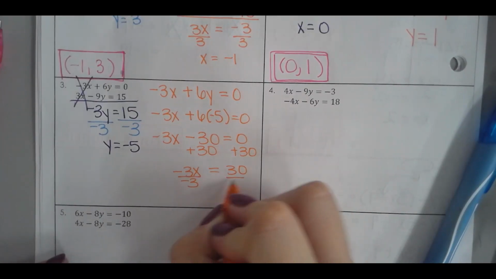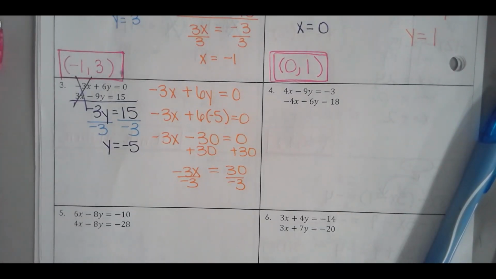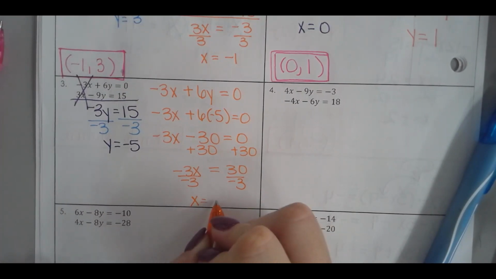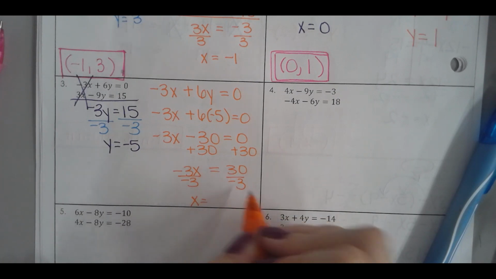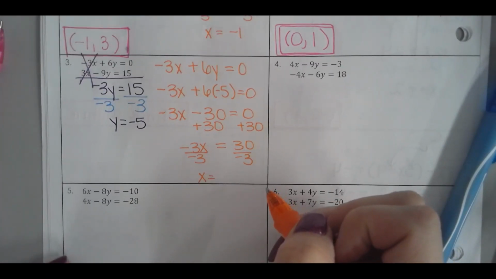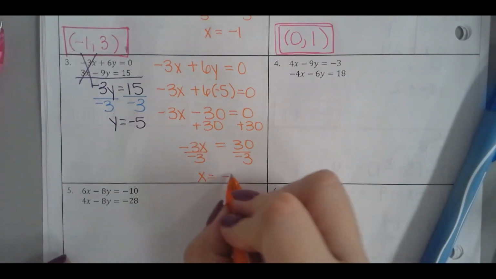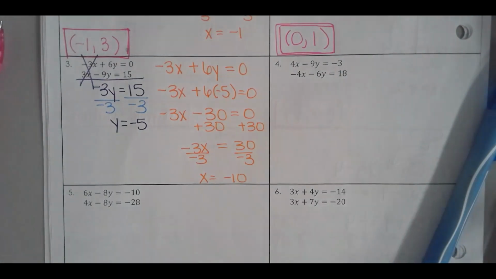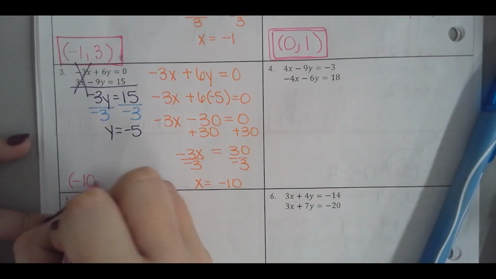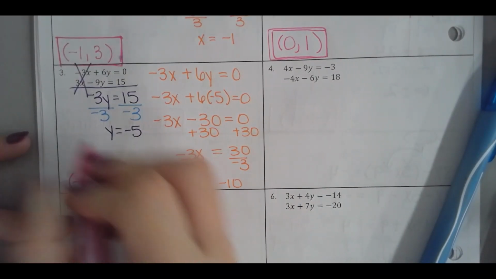Divide by -3. So Amanda, that gives me x equals what? 10. Careful. It's 30 divided by -3. -10. Good. So my solution, x is first, is -10, -5.